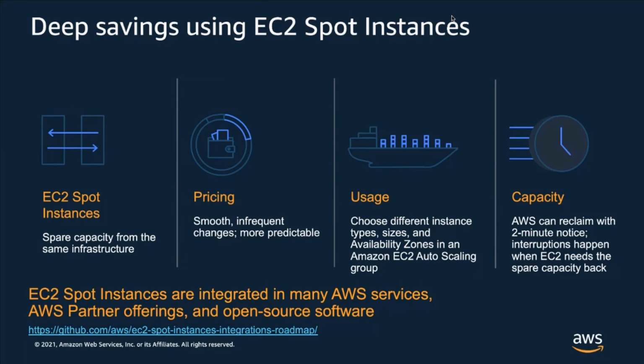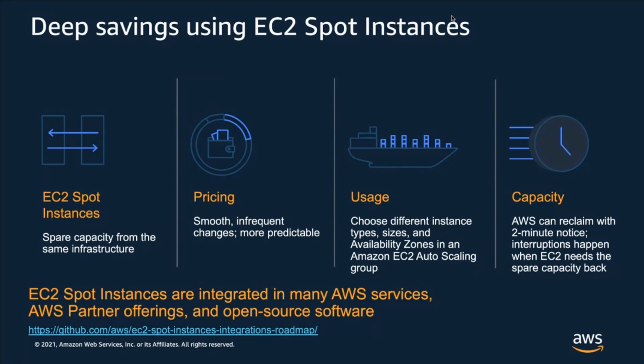You're paying for it with spot prices instead of on-demand prices. So spot prices are smooth, infrequently changing, and are based on basically overall long-term trends in our supply and demand. So as we have larger amounts of spare capacity or less utilized spare capacity, that affects the long-term price. And spot prices are based on that.